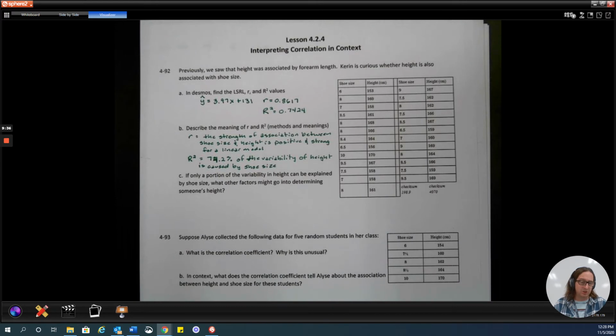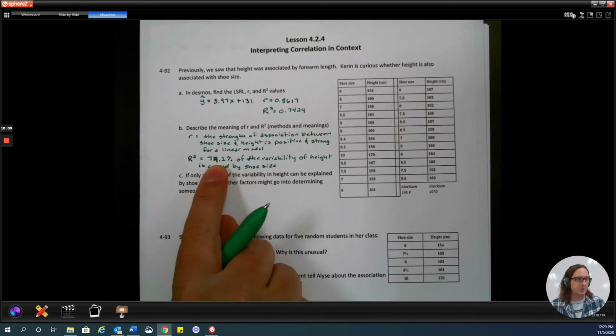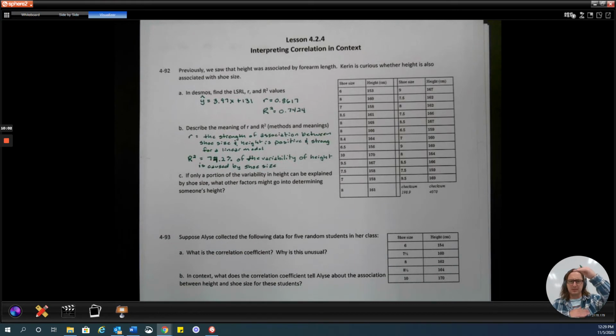Maybe you have grown out of your shoes, but you're still wearing them, and your toes are all scrunched up at the end there. Maybe there are some tall people out there with really small feet. But what the R squared value is telling us is that 74% of the difference in our model is attributed to the height caused by the shoe size.